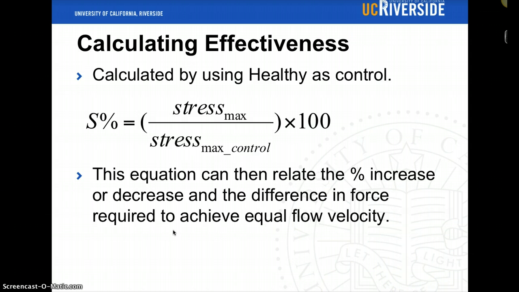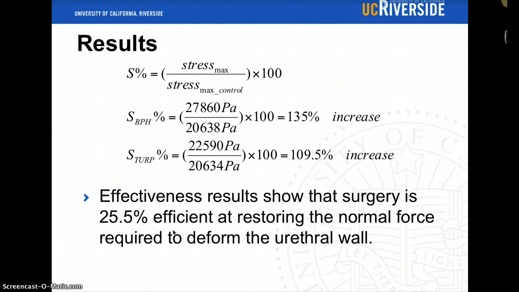This is a little bit more of what I was able to calculate that the paper had. And then this is the effectiveness, and you can read a little bit more in the paper. But here are the results: 25% effectiveness.